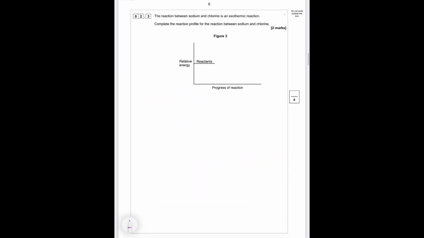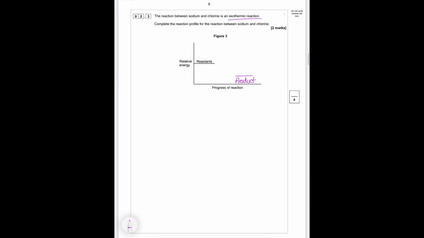For this question, it says the reaction between sodium and chlorine is an exothermic reaction. Complete the reaction profile for the reaction between sodium and chlorine. So first of all, because it's exothermic, the products would be below the reactants. So the product line must be lower.